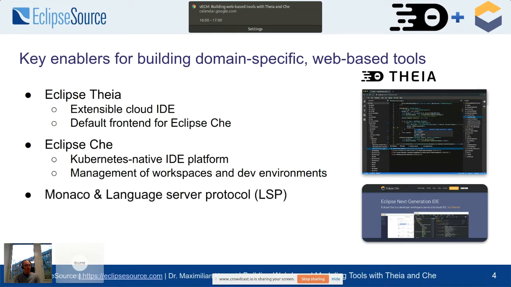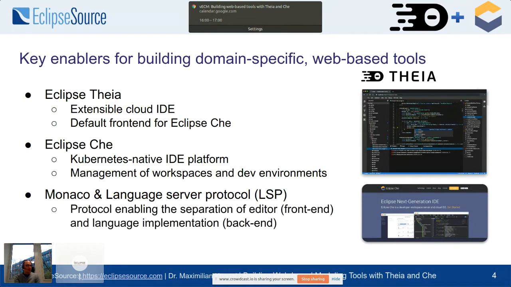One thing that I find quite interesting, a key enabler more in the background, is the language server protocol and an implementation that's being used in Visual Studio Code called Monaco. The idea is that by having a protocol, you can separate the editor that actually edits the text and the implementation of the language smarts into a front end and a back end.